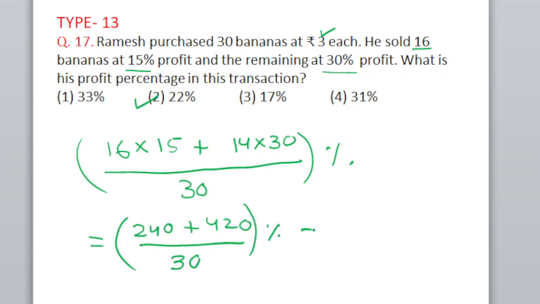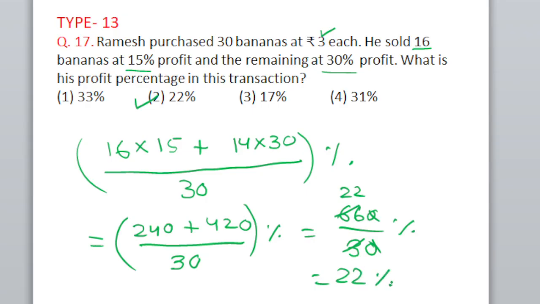So that is equal to 660 divided by 30 percentage. So here this 0 cancels this 0, and 66 when divided by 3 it becomes 22. That means here profit percent is 22%. That means here option 2 is the right answer.